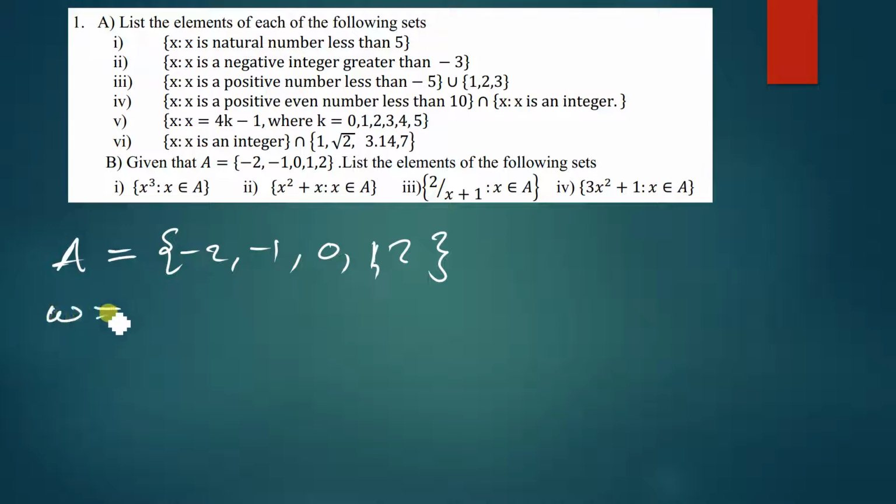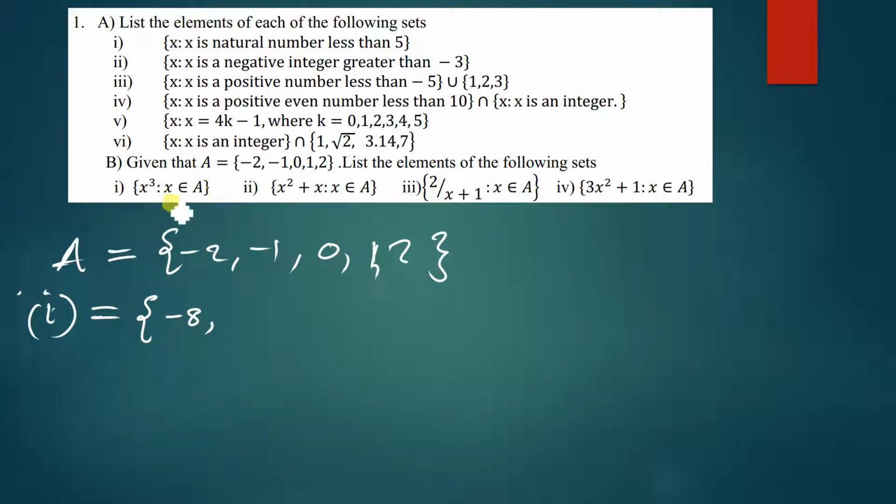I'll name it as set W. I'll say let W be equal to this same set. So W, let me just use the same notation that I've used. So for I, the solution will be: negative 2 cubed, negative 2 to the power 3 will give us negative 8.